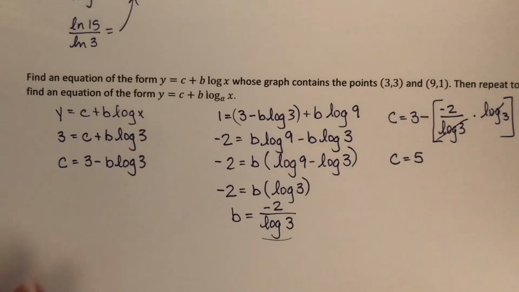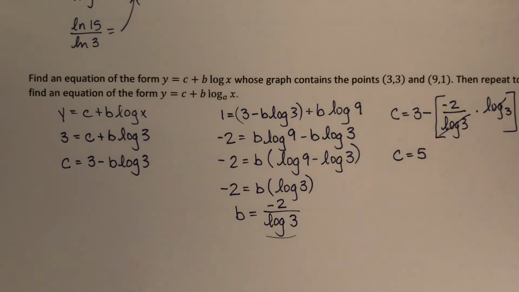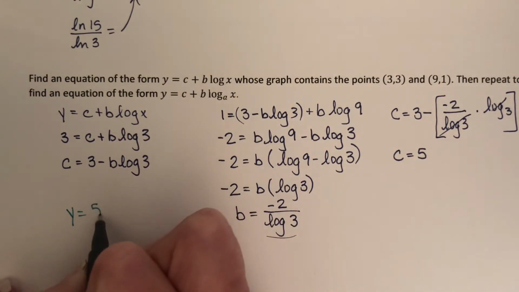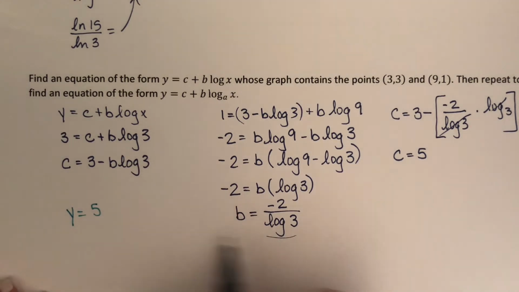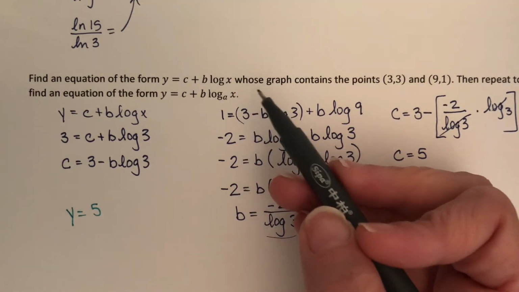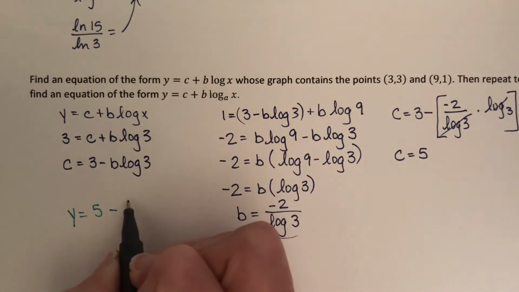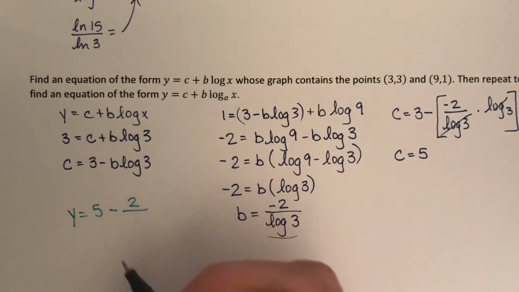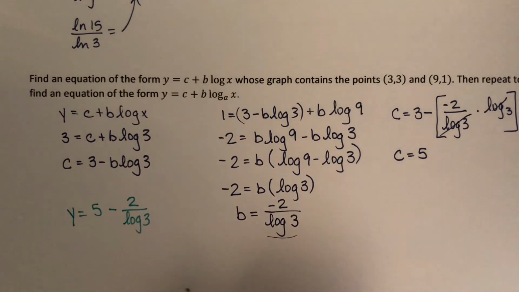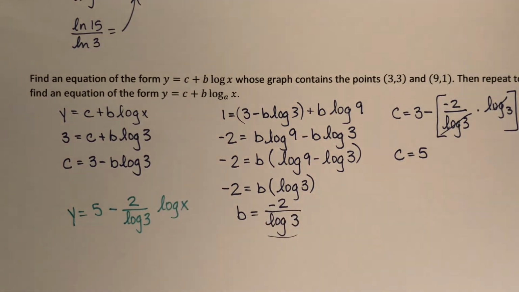So for the first part of this, your first answer is y is equal to 5 plus b log x. So plus b is going to be minus 2 over log of 3 times log x.